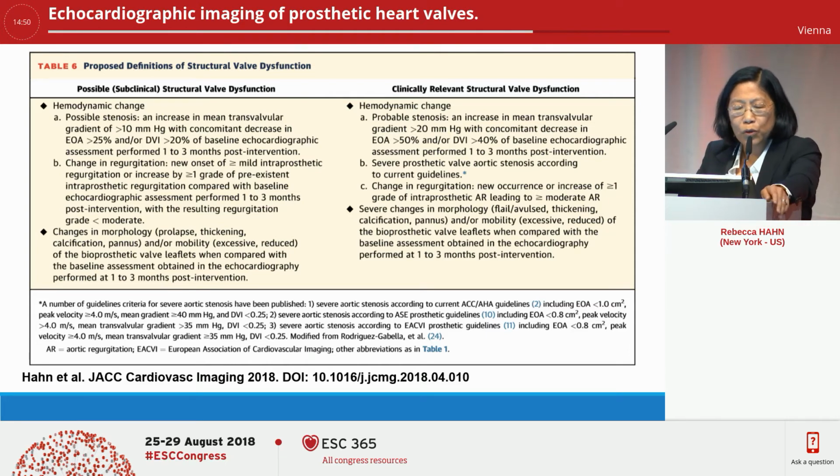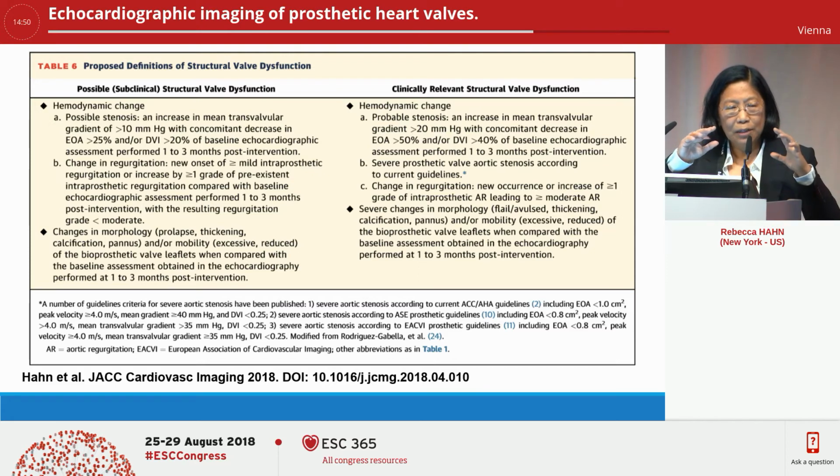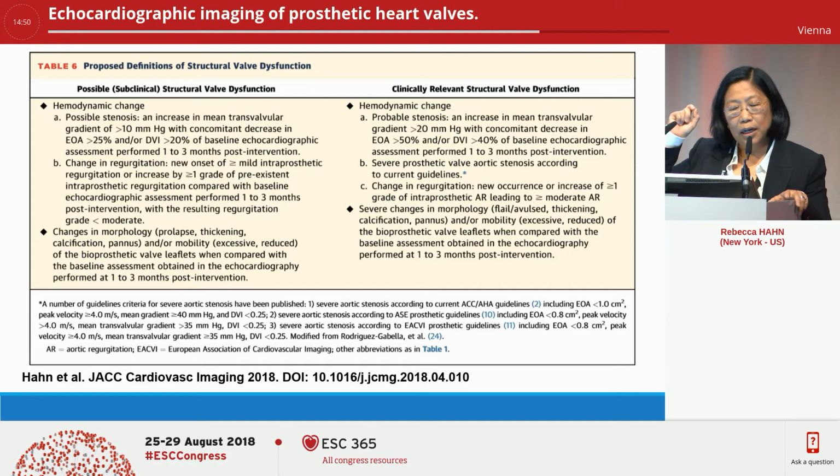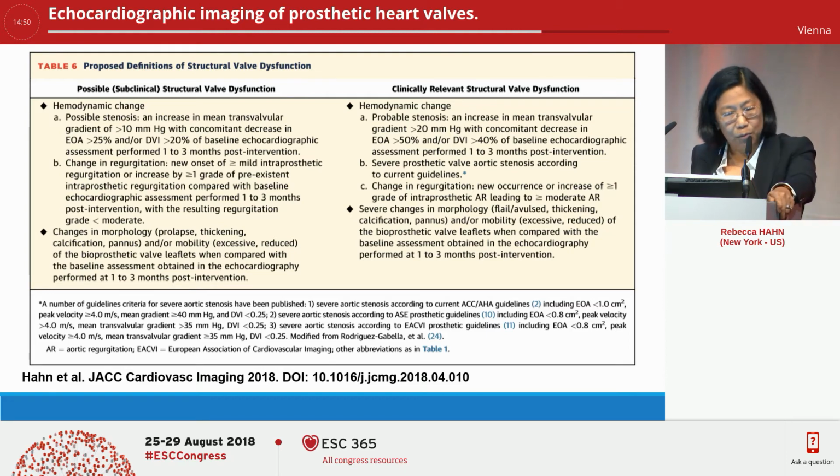When we looked at the mean plus or minus standard deviation of the effective orifice areas of the transcatheter valve, it turns out that the standard deviation for both valves, even though the valve areas were very different and the mean gradients were also different, was very consistent between the valves, as it is when you look at the surgical valves as well. And it's about plus minus 20% for one standard deviation of the DVI and 25% for the EOA.